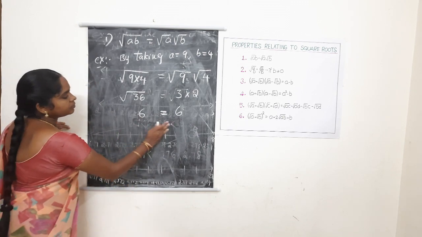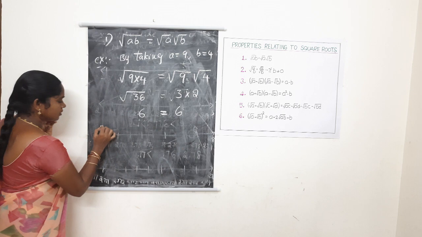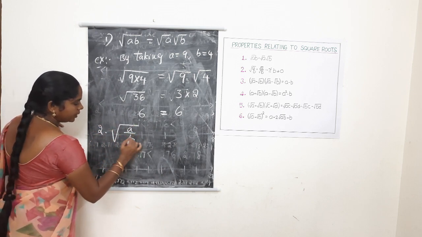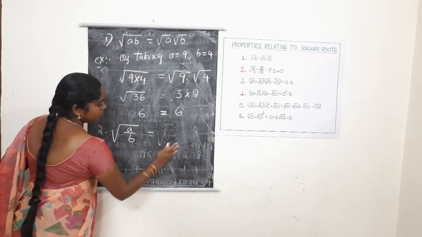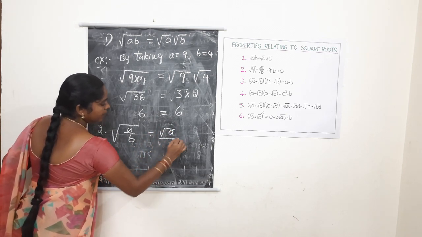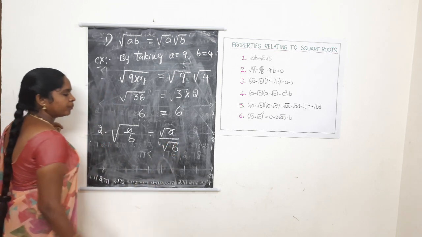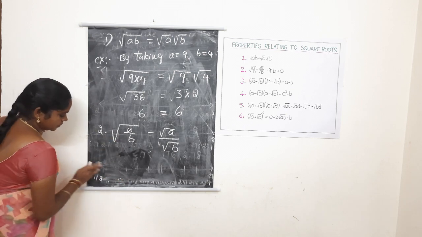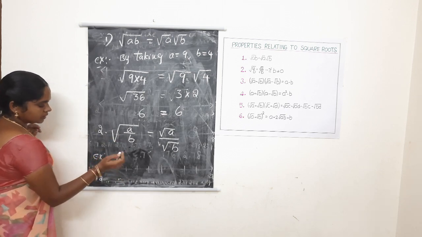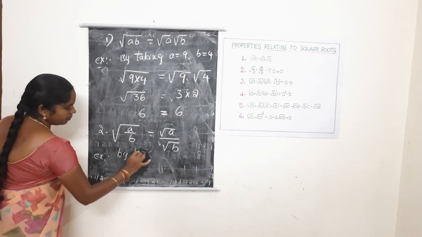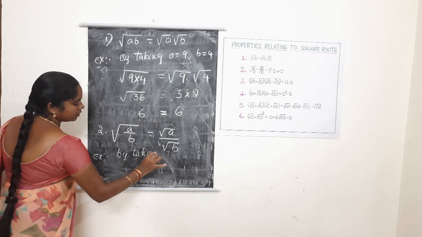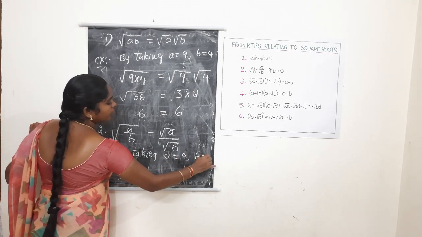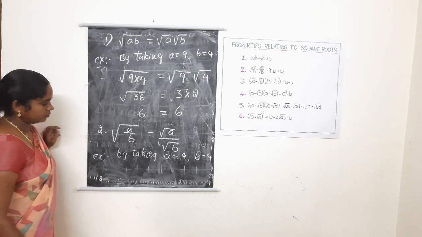Next, second property is square root of a by b equal to square root of a by square root of b. So let us see one example of this property. By taking a equal to 9, b equal to 4.